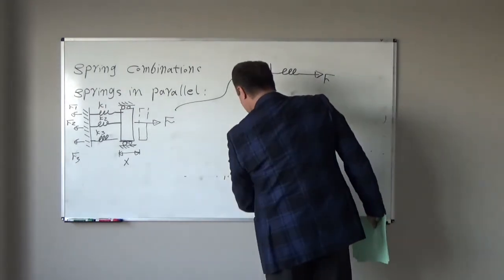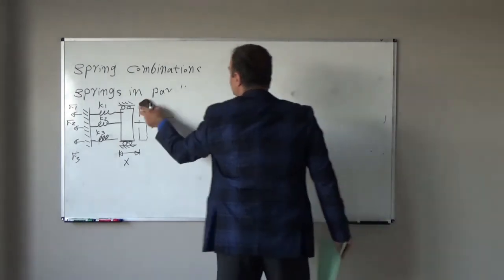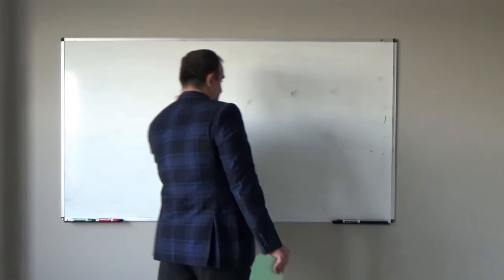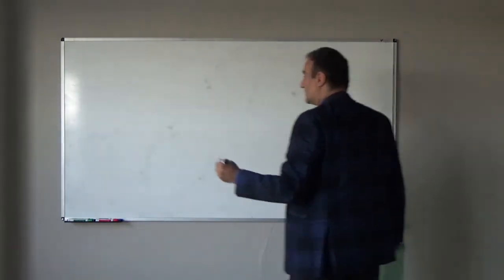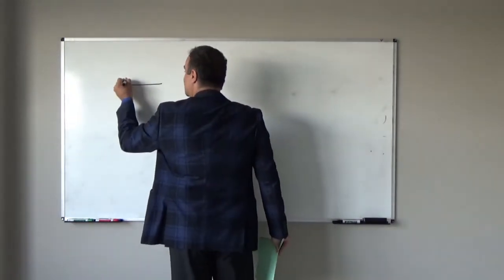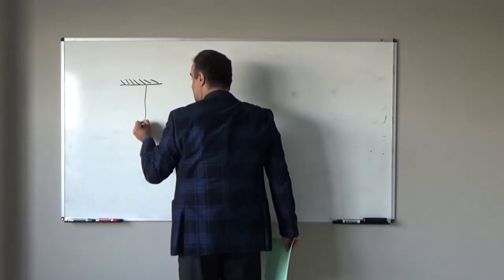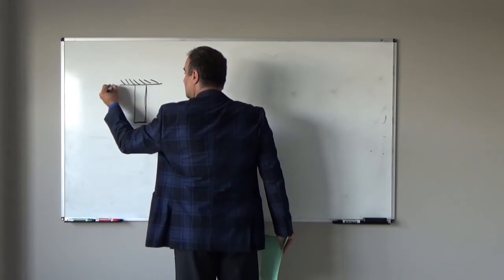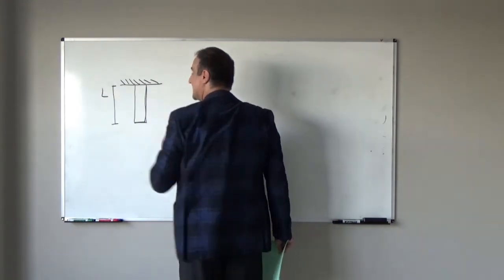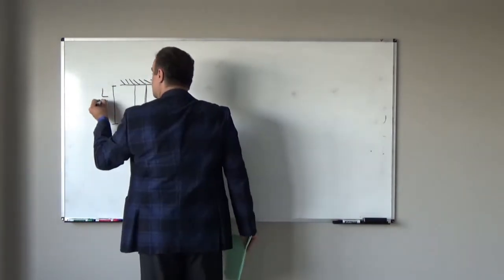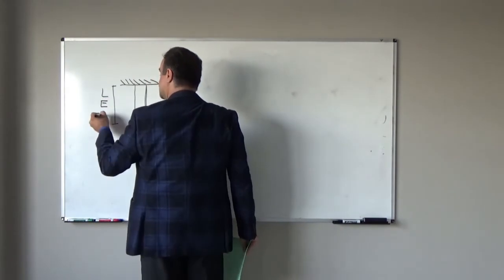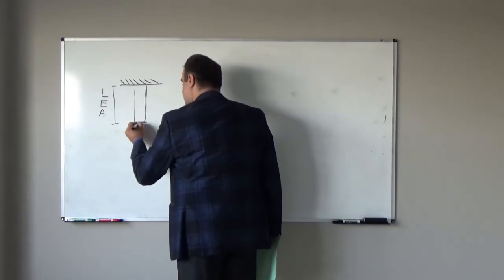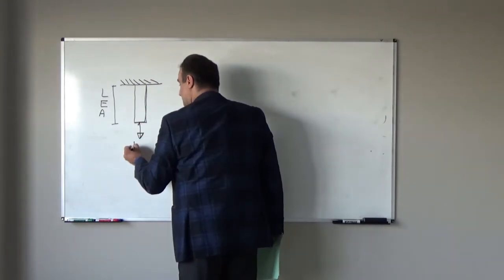So let's come back to our axial member and review again. Finally, if we have one axial member, the length of this member is L, Young modulus is E, cross-sectional area is A. I apply an axial force.